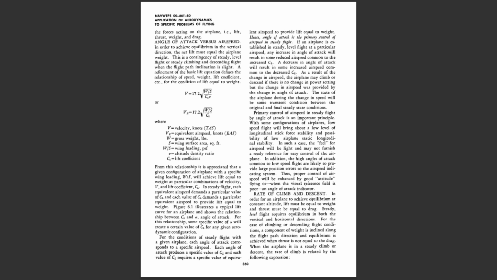From this relationship, it is appreciated that a given configuration of airplane with a specific wing loading, W over S, will achieve lift equal to weight at particular combinations of velocity, V, and lift coefficient, CL. In steady flight, each equivalent airspeed demands a particular value of CL, and each value of CL demands a particular equivalent airspeed to provide lift equal to weight.